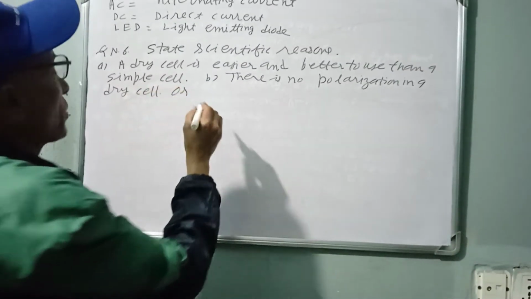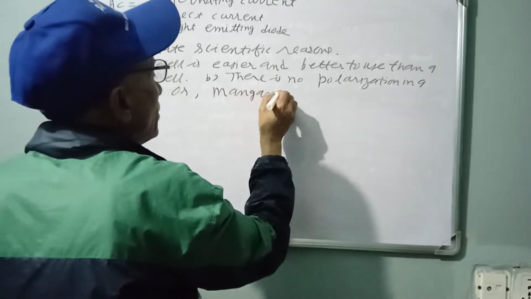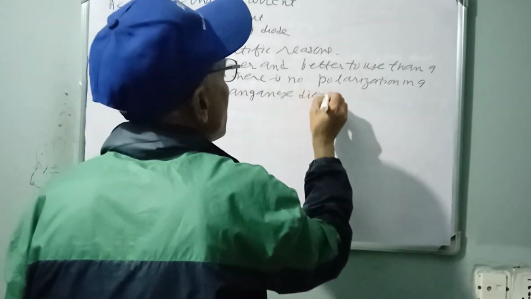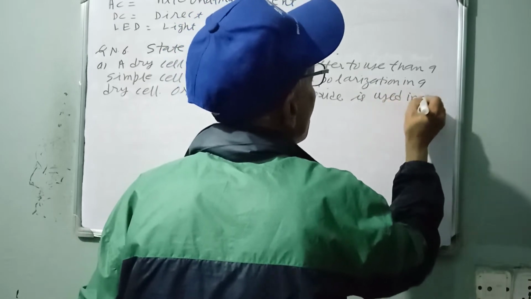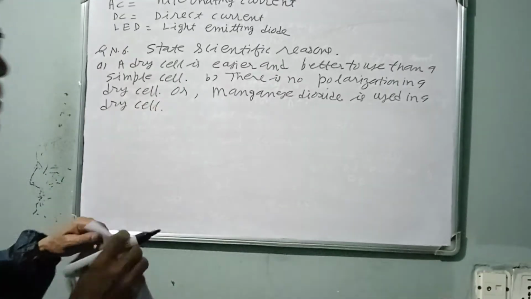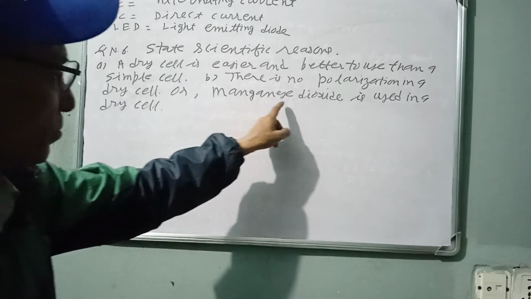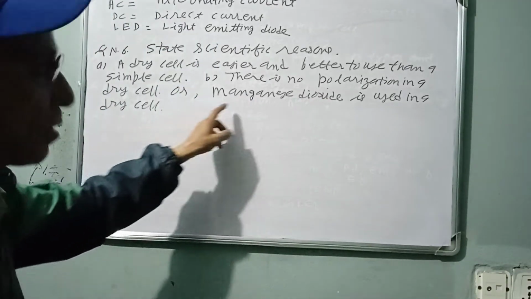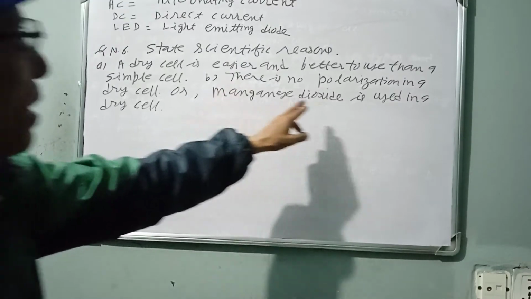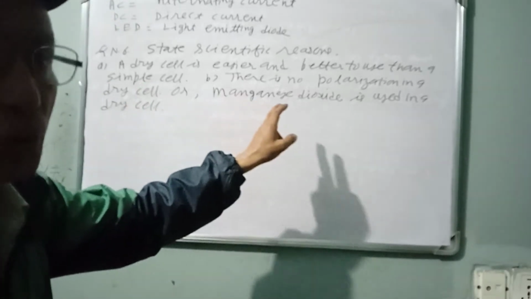Or there is another question also: manganese dioxide is used in a dry cell. If the question is there is no polarization in a dry cell because manganese dioxide is used as a depolarizer, or manganese dioxide is used in a dry cell to remove the polarization defect.